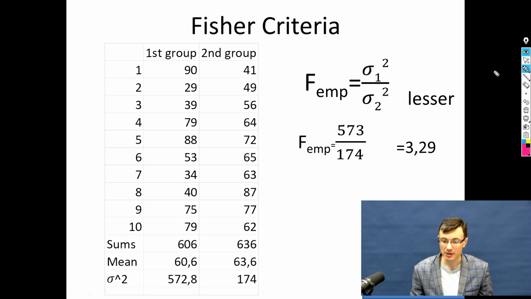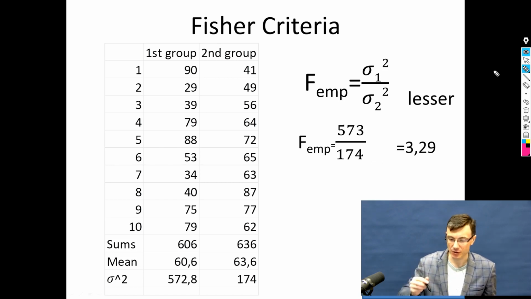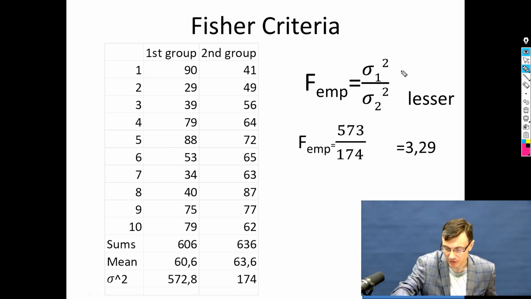As a first step we calculate the squared deviation, or dispersion, and then we put the larger value in the numerator and the lesser in the denominator. Here this one will be lesser and this is more.